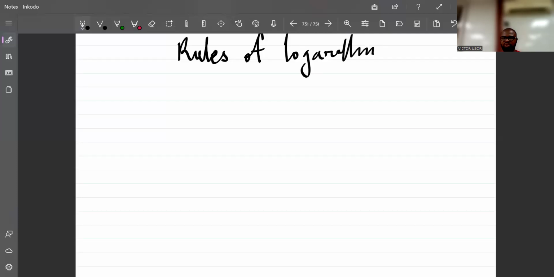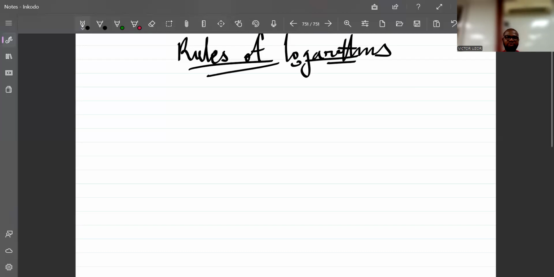So the next thing we are going to be looking at is rules of logarithm. What are the rules of logarithm? Forgive my hand, terrible. Just like indices, they are like the opposite of indices per se.